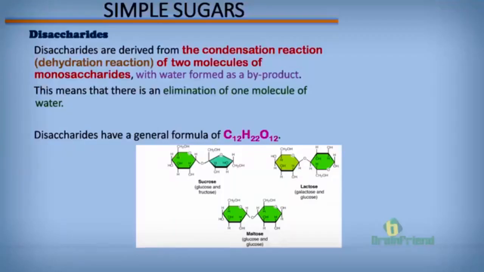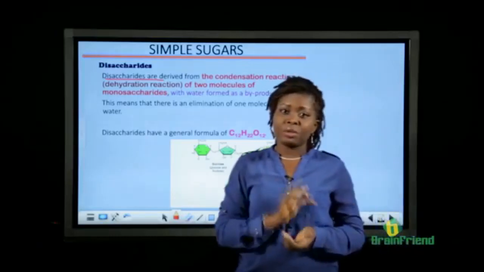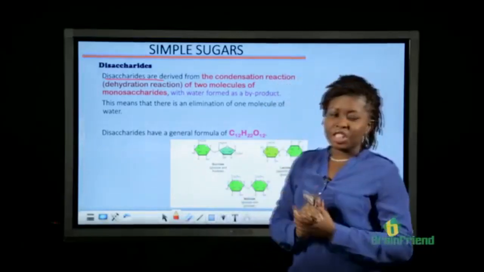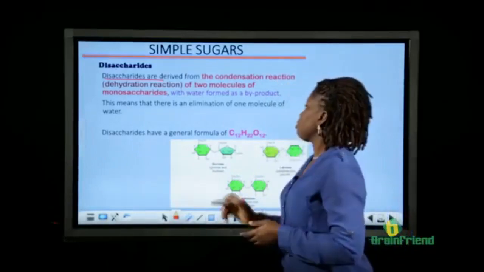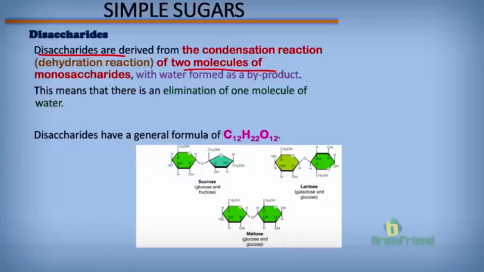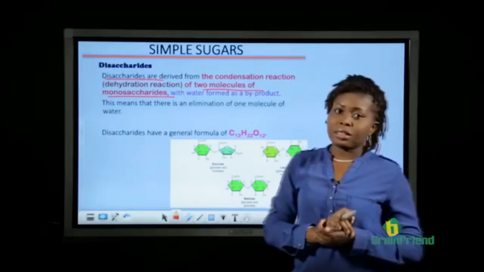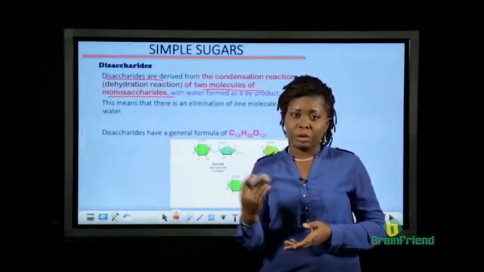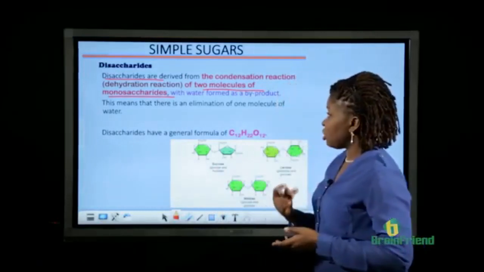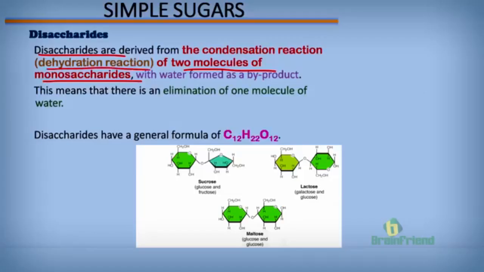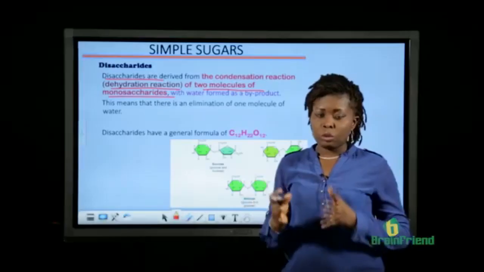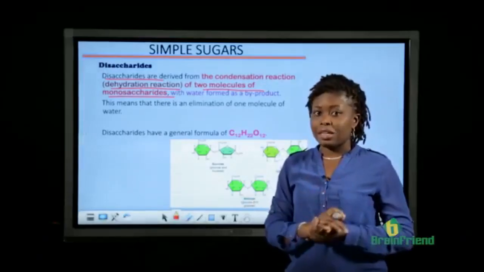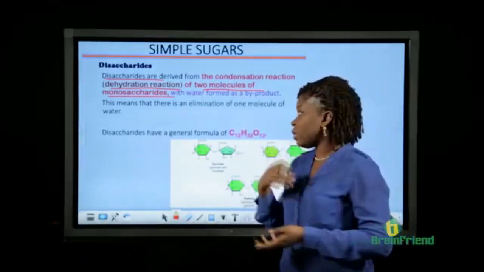Another type of simple sugars we mentioned are the disaccharides, okay? And disaccharides are derived from the condensation reaction of 2 molecules of monosaccharides. This condensation reaction usually gives off water as a byproduct. The condensation reaction is also known as a dehydration reaction because when 2 monosaccharides come together to form a disaccharide, water is always given off as a byproduct.